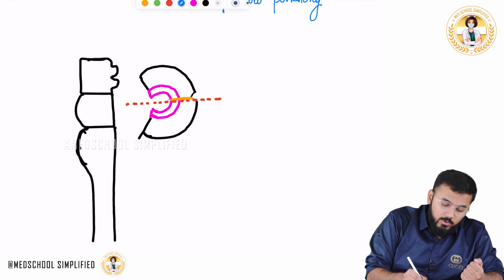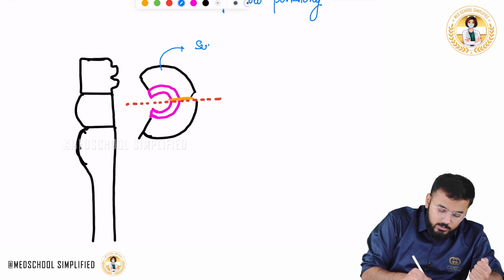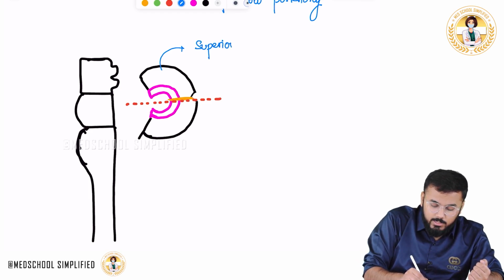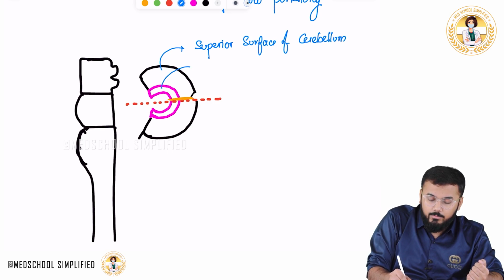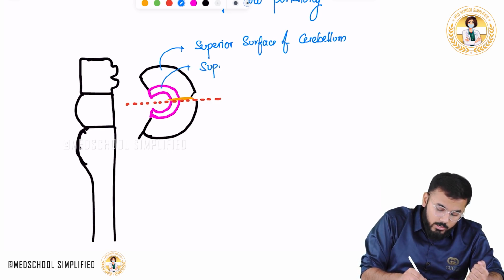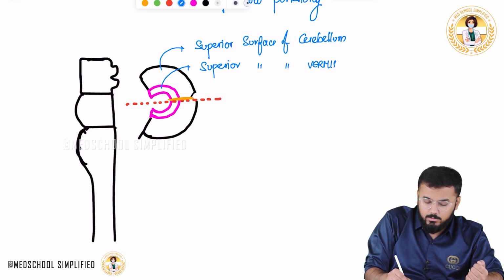What do I exactly mean by upper half and lower half? This part is called the superior surface of the cerebellum, and this part is called the superior surface of the vermis.